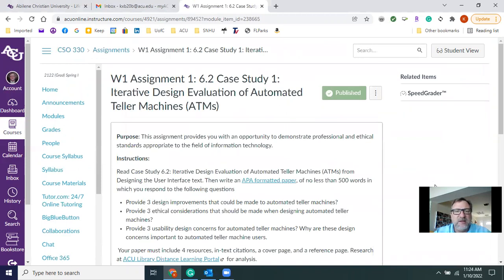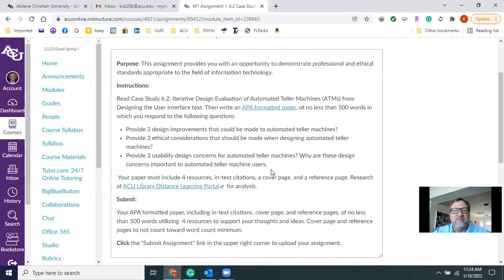Then we'll have a case study on the iterative design evaluation of automated teller machines. You get to read the case study and then provide some design, ethical, and usability concerns, and how we should address those. Again, make sure you're using the ACU library. It's a great resource that you're paying for.